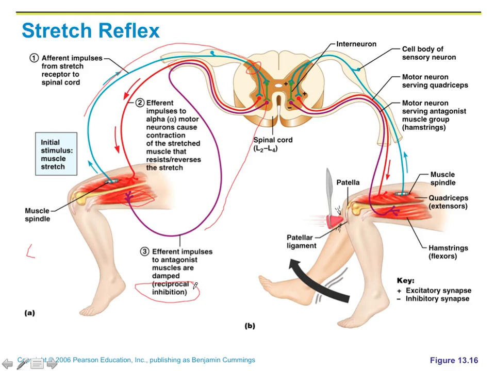That means it will inhibit the antagonist muscle for the knee extension. So this is the stretch reflex, and here we have the ipsilateral and reciprocal reflex.